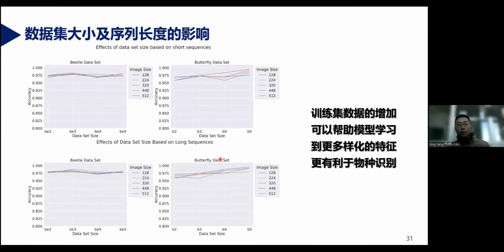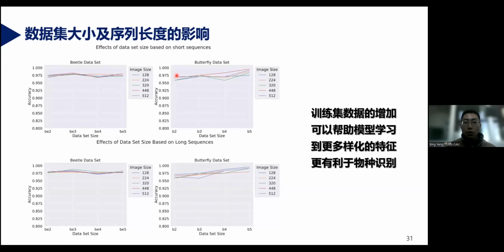Increase in training set data will help the model to learn more diverse features. Here you can see that with the increase in the number of individual data sets, the accuracy increases.